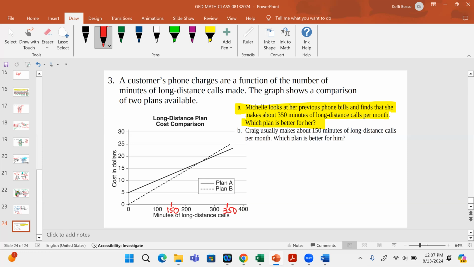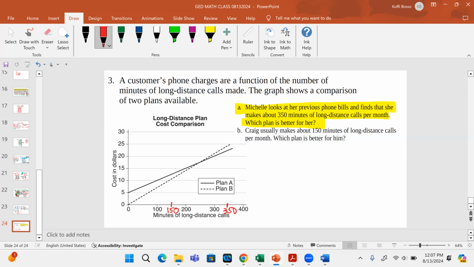Okay, so the thing is this. When we are using a phone or whatever electronic device we are using, we want to pay less. That's where you save money. No one wants to pay high because a lot of bills give you stress, headache, whatever. So when the line is above, the cost is high. It's going up, the cost is going high.